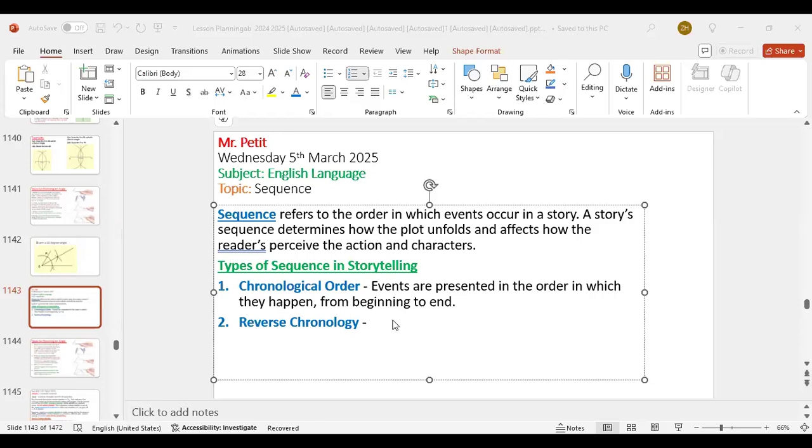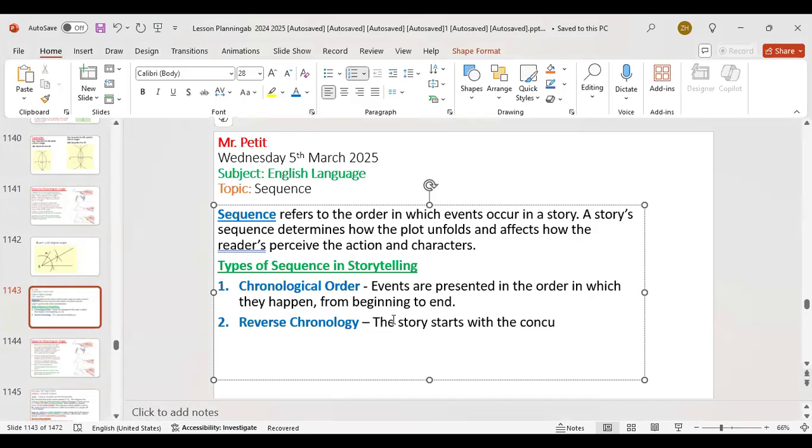So reverse chronology is when the story starts with the conclusion and works backward to reveal, to unravel, what happened: the previous events.